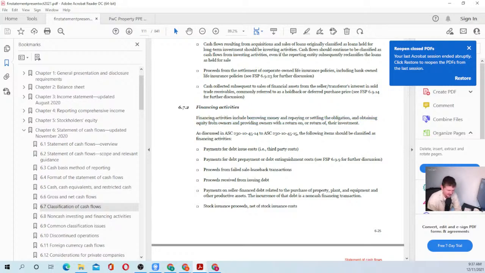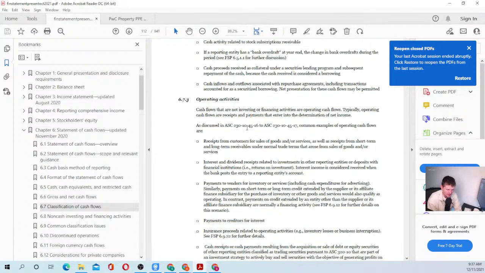So basically, financing activity is operations with your creditors, whoever gives you money, banks, if you sell your bonds, purchasers of your bonds, and with your shareholders. So that's a financing activity. And operating activity is whatever is left after all of that. During previous lectures, we did a bit more digging around that, so you can review the previous lectures.